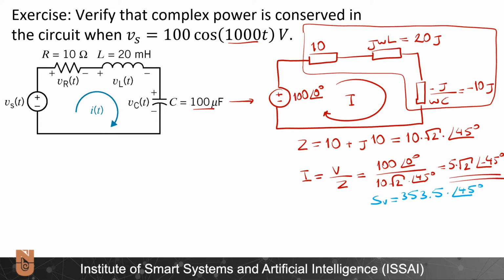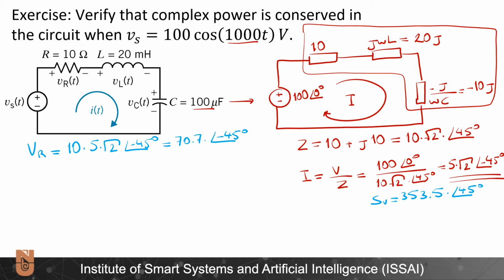Okay. In order to find the power delivered to each element, I need to first find the voltage of each element. The voltage phasor for the resistor R will be simply 10 times I. I is 5 times square root of 2 at minus 45 degrees, and this will be equal to 70.7 at minus 45 degrees.